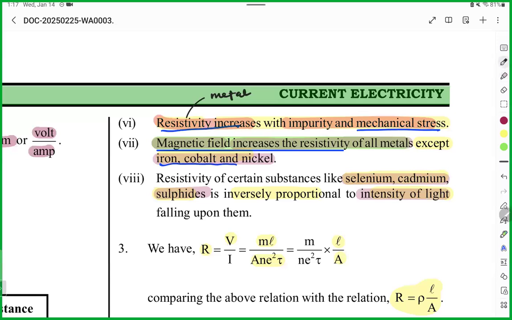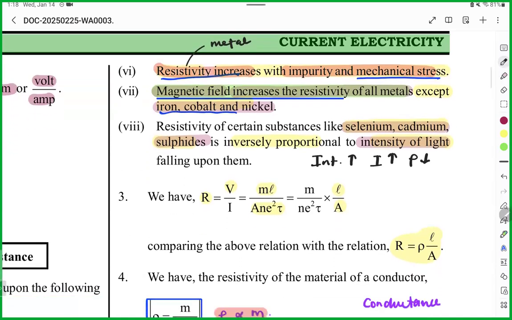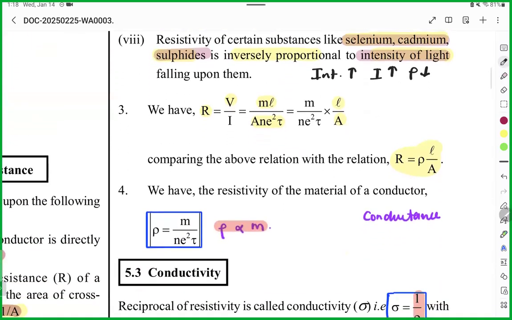If intensity increases, your current will also increase. If current increases, your resistivity will decrease. Correct? We already did this.